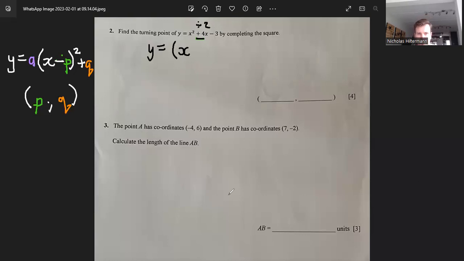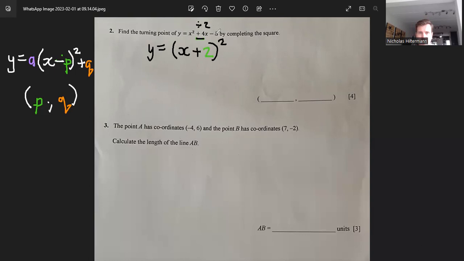Okay. So then it's plus, and then our 4 divided by 2 is 2. I don't know if you can see that green. That's a 2 there. And then we have to just put our square over here, because that's our format there.